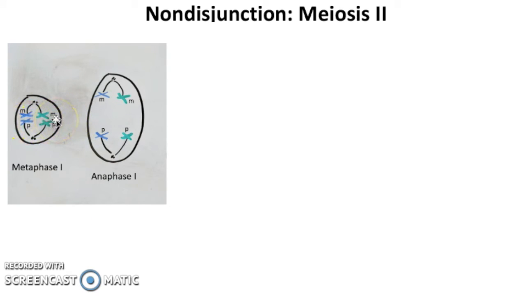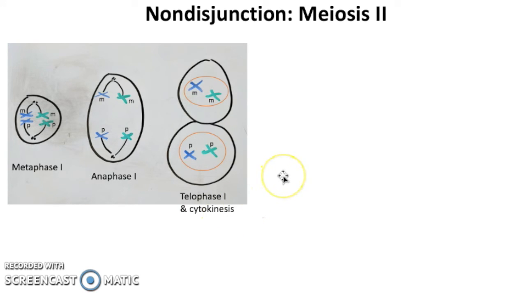When they separate during meiosis 1, homologous chromosomes separate. So the sister chromatids remain intact, but the maternal and the paternal chromosomes are pulled away from each other. In this version, in meiosis 1, everything went well, so in our final two daughter cells of meiosis 1, we have one of each type of chromosome, so we have a blue and a green in each of these daughter cells.